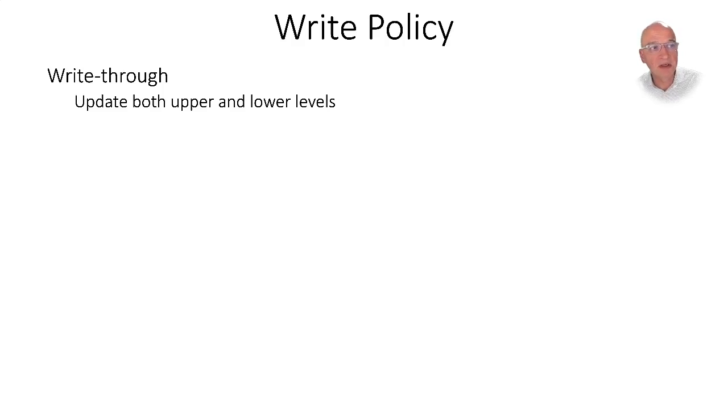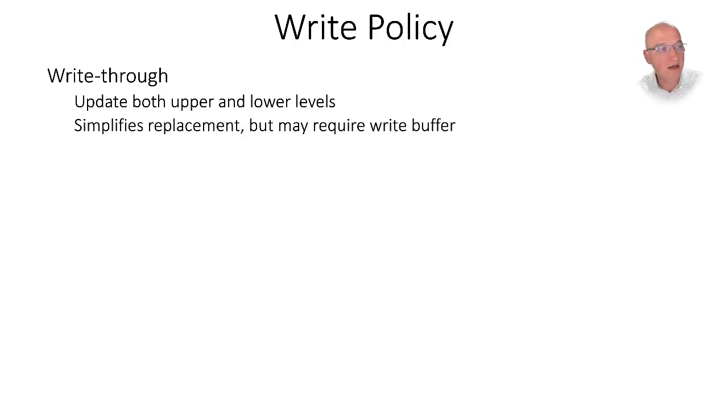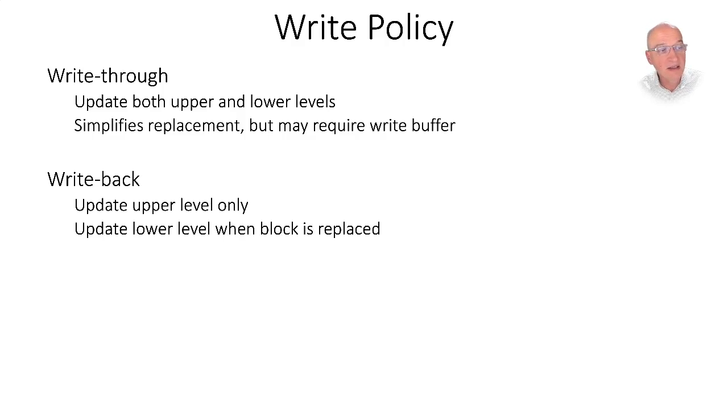For my write policy, I can have a write through policy where whenever I write, I update both the upper and the lower level of the hierarchy. It will simplify replacement, but it is probably going to require a write buffer because I'm doing constant writes. I can have a write back policy that will update only the upper level of the hierarchy, and the lower level will be updated when I replace a block.